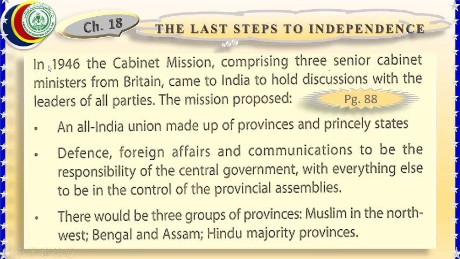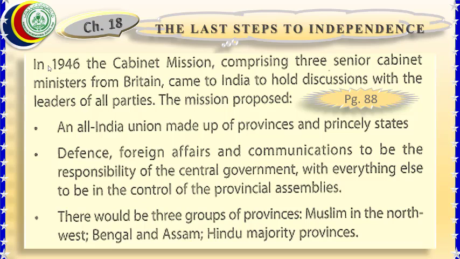Yes students, now the Cabinet Mission Plan which is discussed over here: in 1946 the British government sent a delegation, a cabinet mission, to India, and the first point discussed was that an all India union would be made up of the provinces and princely states, with defense, foreign affairs and the communication system controlled by the central government, and the rest of the things controlled by the provincial assemblies.